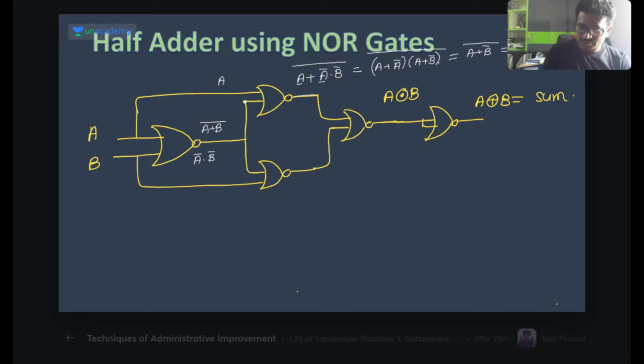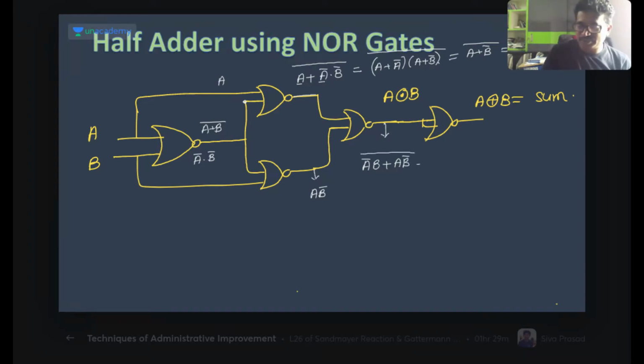Now similarly, what can we write here? This is nothing but A into B bar. I can write A into B bar. So here what will I get now? This is A bar B plus A B bar whole bar, isn't it?